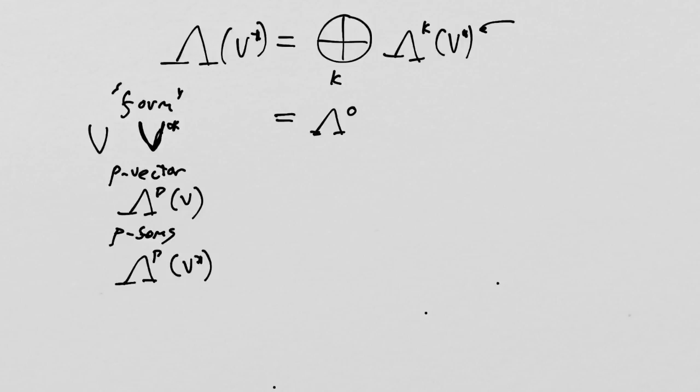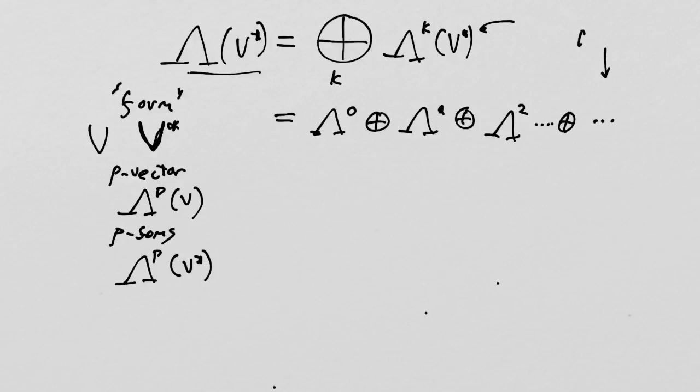And so this is going to be the direct sum of that plus that, direct sum, dot dot dot, direct sum, goes on forever actually. Of course, it goes on forever, but after k greater than n, they're all zero, right?